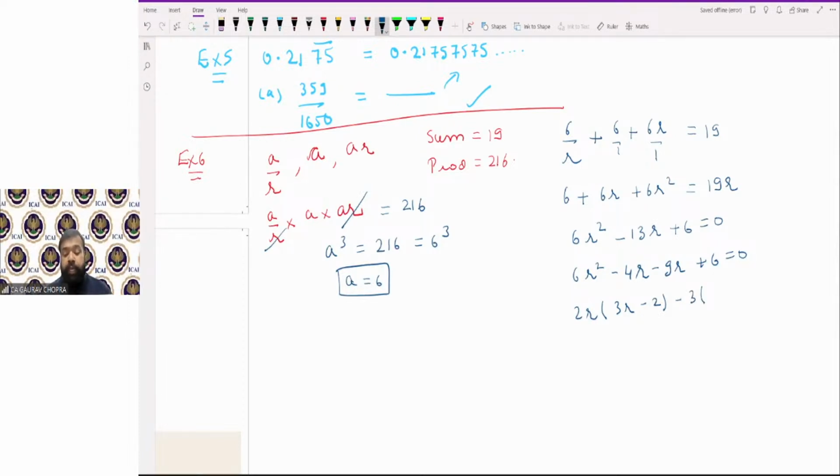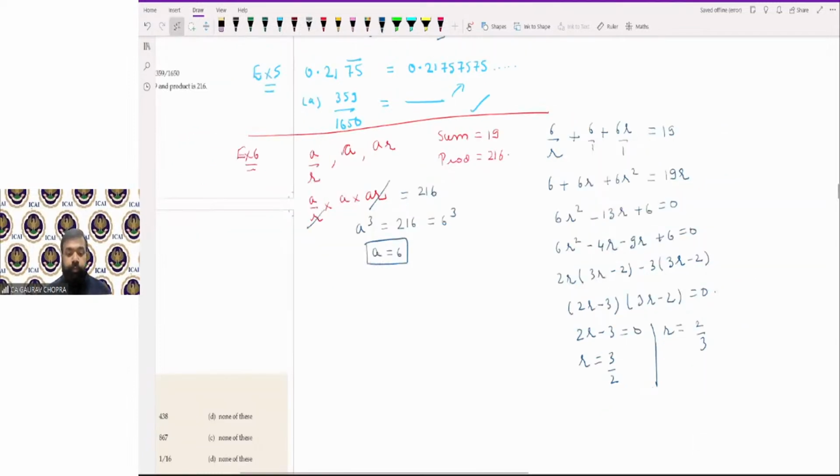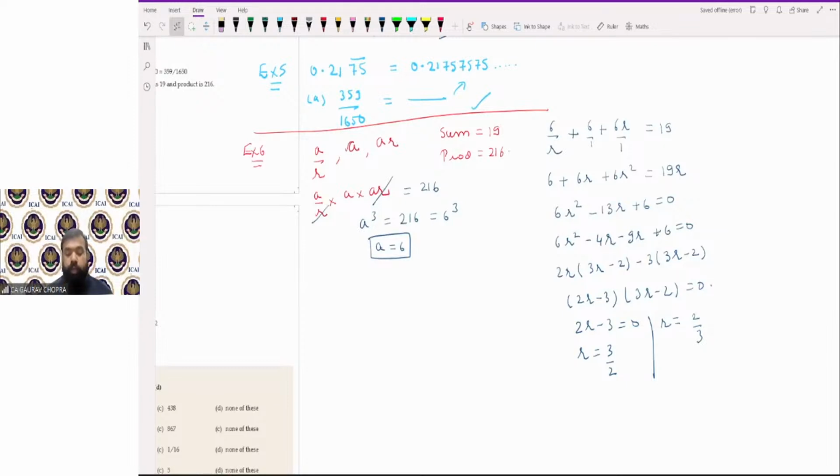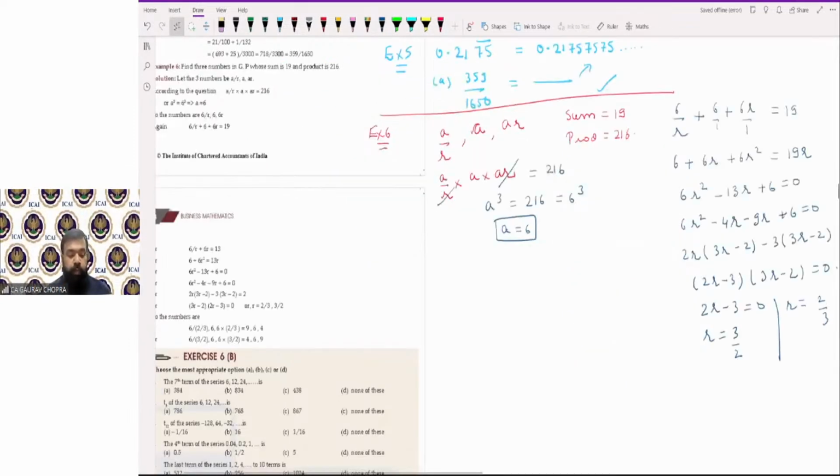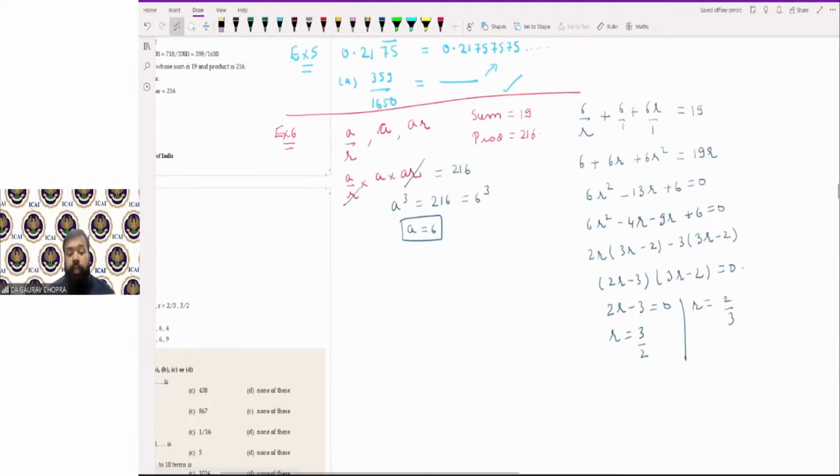So again we are getting 3r minus 2. Now compare this with 0. So you will get r is equal to 3 by 2. And from here you will get r is equal to 2 by 3. Okay. 3 by 2 और 2 by 3. So r आपके पास आ चुका है.